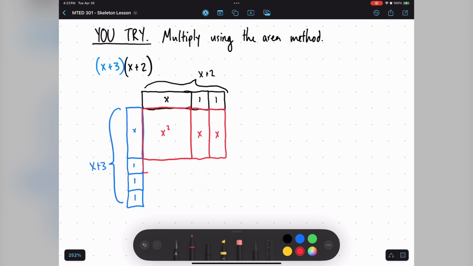Now, the little blue 1 square times that black x rectangle is going to make an x rectangle. And the little 1 by 1s are both going to have an area of 1 each. So now, since I've got ones, I'm basically just repeating. So I'm going to go ahead and draw out all of those little tiles.